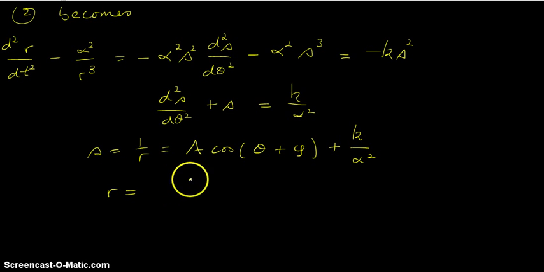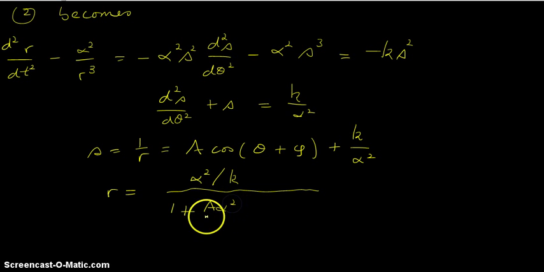If we rearrange that, can we do that in one step? r equals alpha squared on k, and on its bottom we're going to have 1 plus alpha squared on k times the cos of theta plus phi.